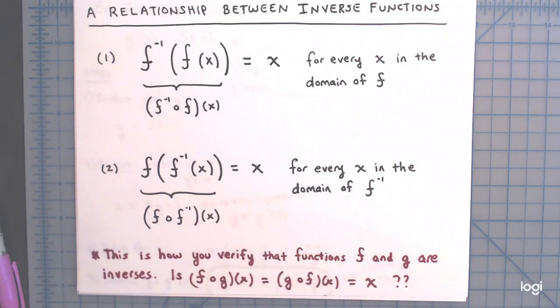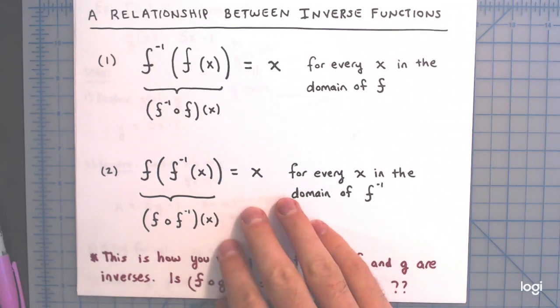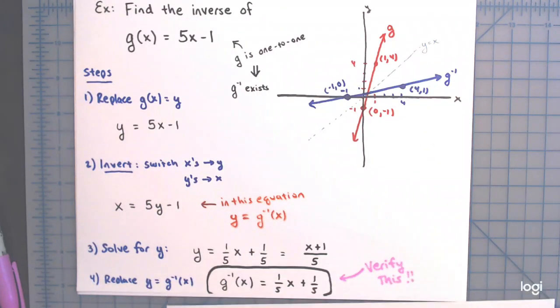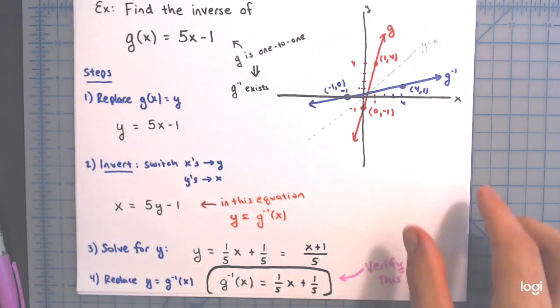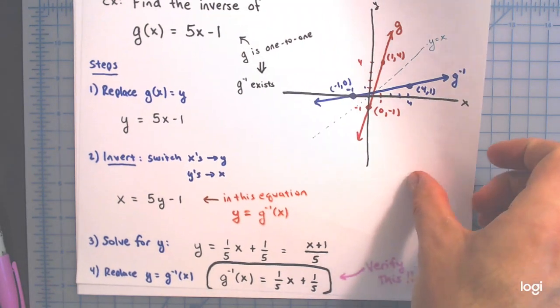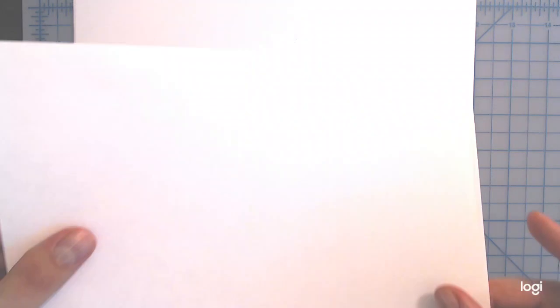All right. So let's do that for this example. Okay, so what were my functions? They were g of x equals 5x minus 1, and g inverse of x equals 1/5 x plus 1/5. So I'll write those again on a separate page, and we'll go through and verify that they are indeed inverses.